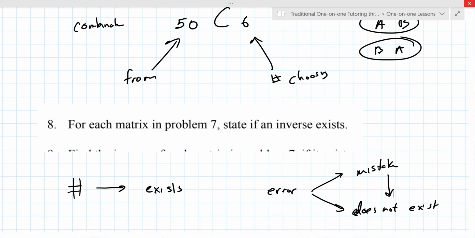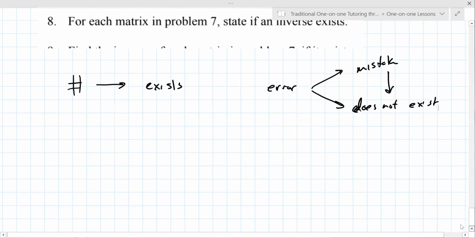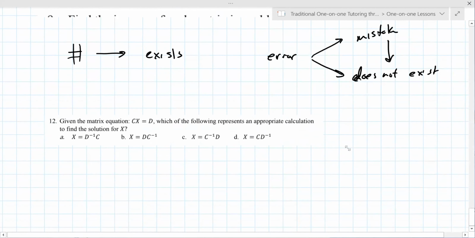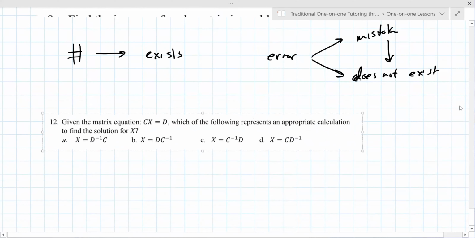Number 12, is that like what we did in 11? This is a pure definition. It will not be on the exam, but you may have to use it. In what are called linear algebra classes, they really emphasize the order here that matters.